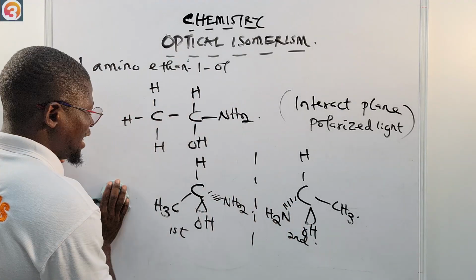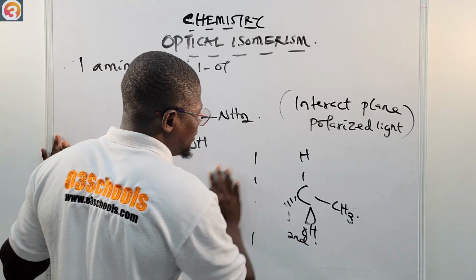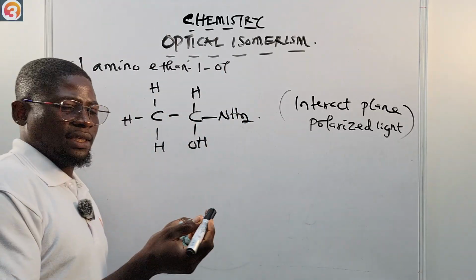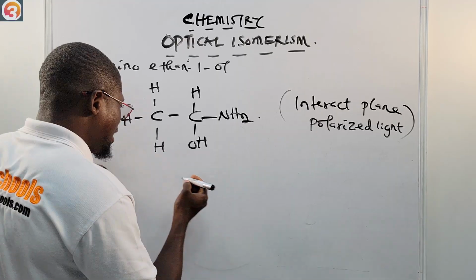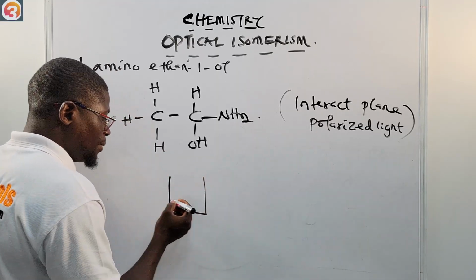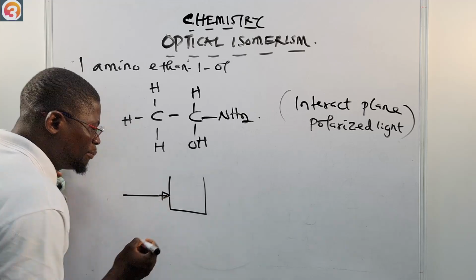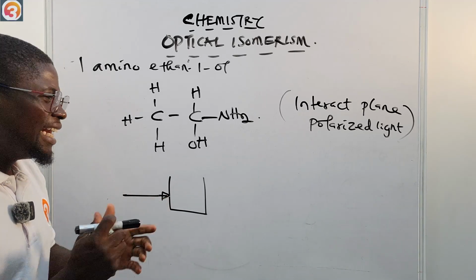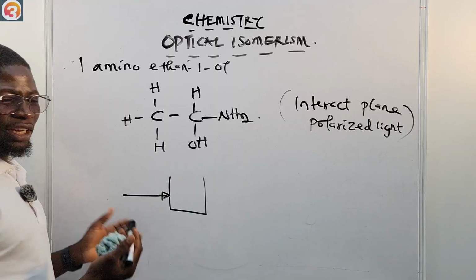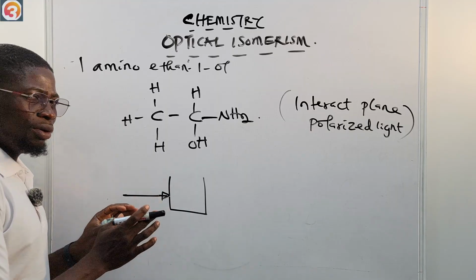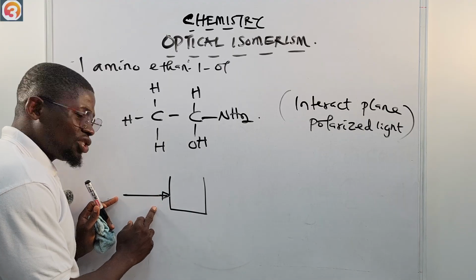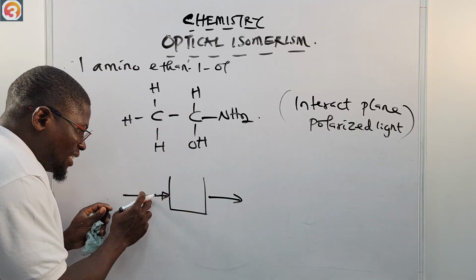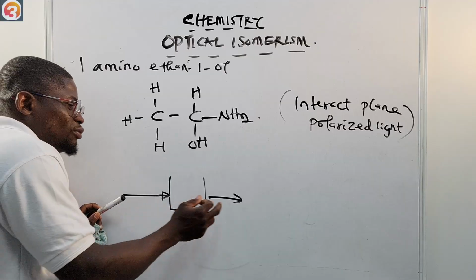Let's say we have a sample of an enantiomer, and we pass plane polarized light through it. Why do we use plane polarized light? We cannot use just any light incident in different directions. We use plane polarized light so that when it passes through the enantiomer and comes out, we will know it is that light that came out.